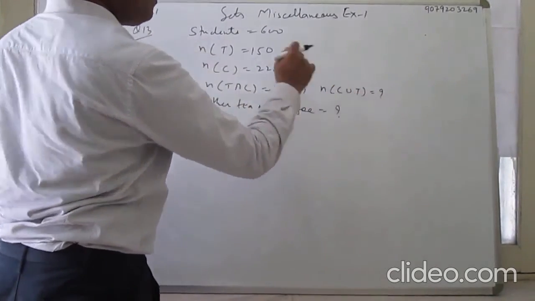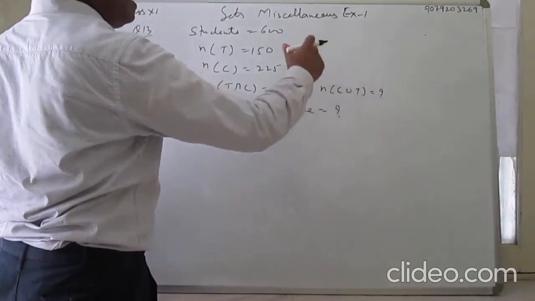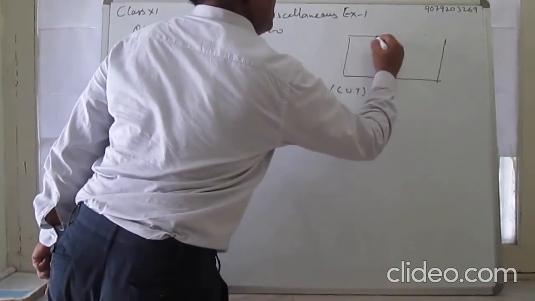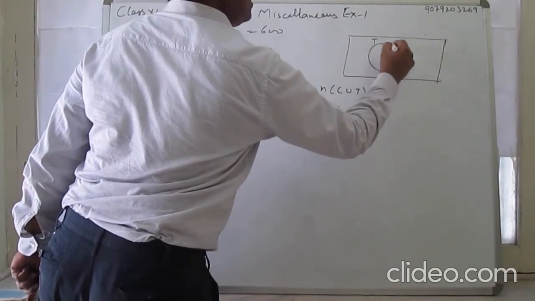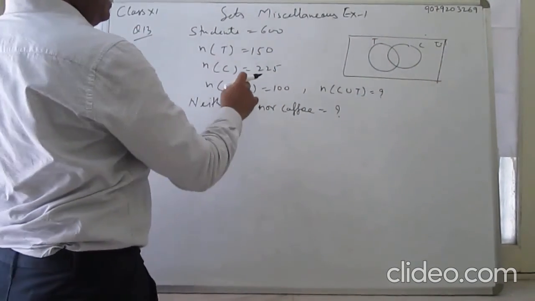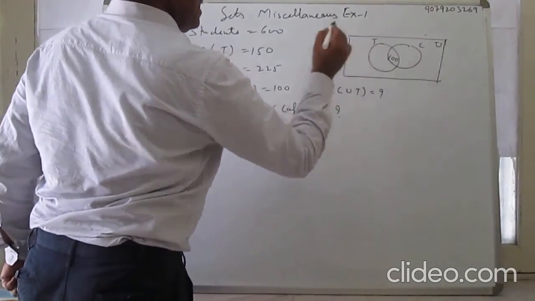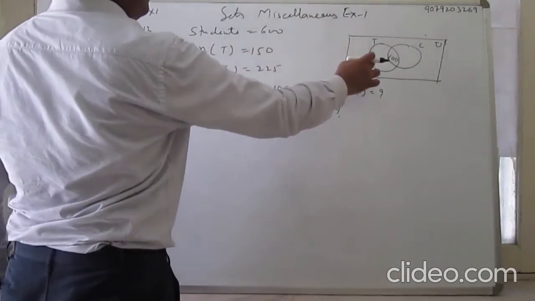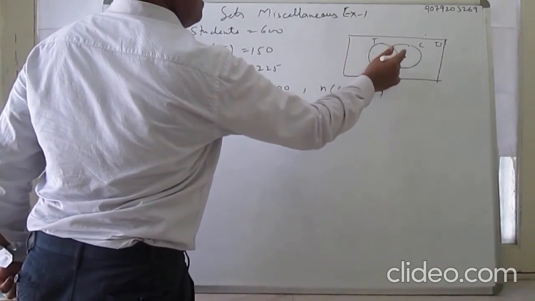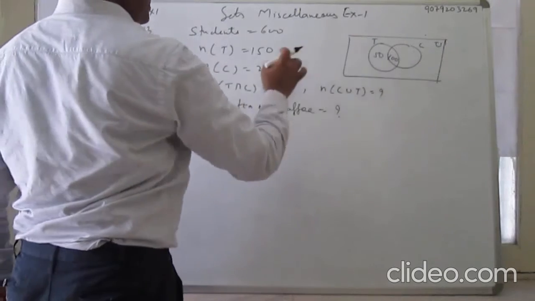First we have to find T union C, it means the number of students taking tea or coffee. This you can see in the Venn diagram. This is T, this is C and this is the universal set. Now what is common here, T intersection C is 100. If 150 are taking tea, 100 are here, also taking coffee, so only tea is 50.